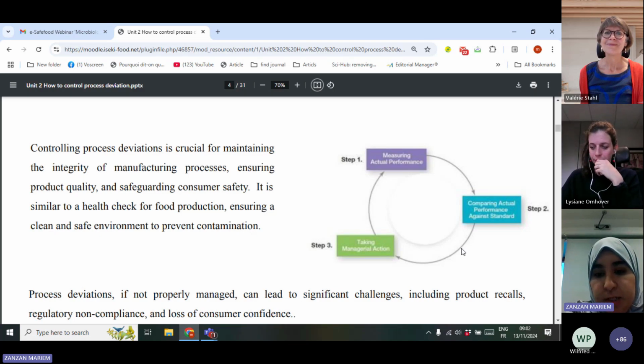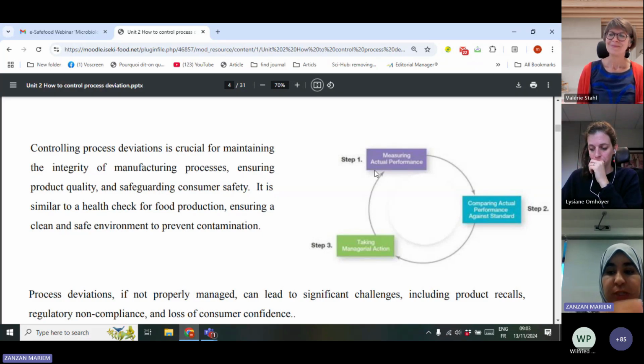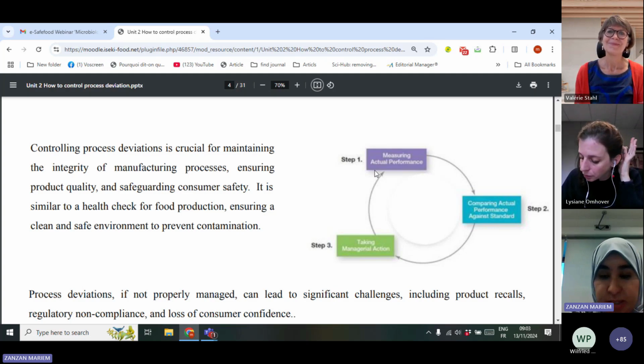As illustrated here, we have a 3-step cycle. We start with measuring the actual performance, continuously assessing the process in order to detect any irregularities or anything that can be critical for our process. After that, we have comparing actual performance against standards, which means to evaluate if the current process is aligned with the quality and safety standards.